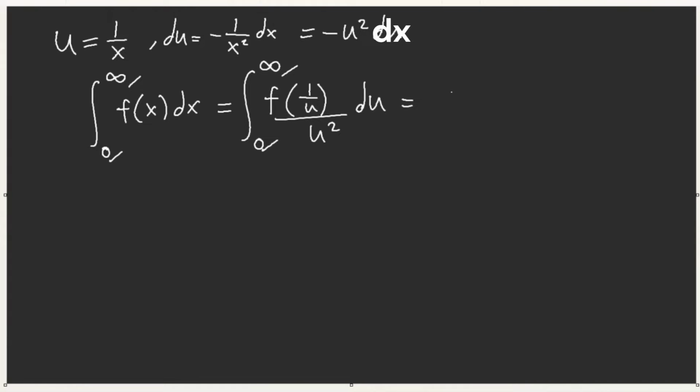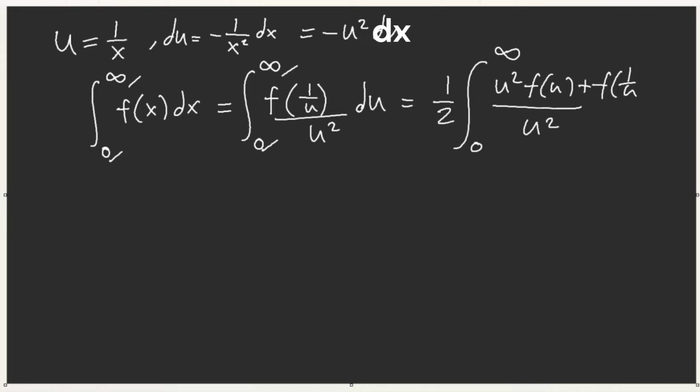I'll just put a half there, and we can get something like this: f of u plus f of 1 over u, over u squared. Now, to you, this looks like a random horrifying integral, like I just made it worse. But there are many functions where adding it together actually simplifies it.